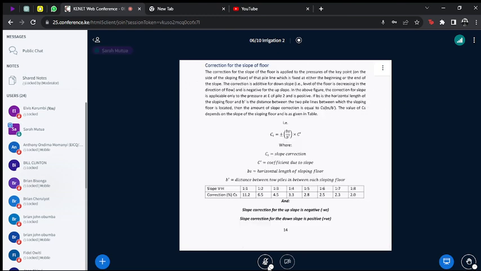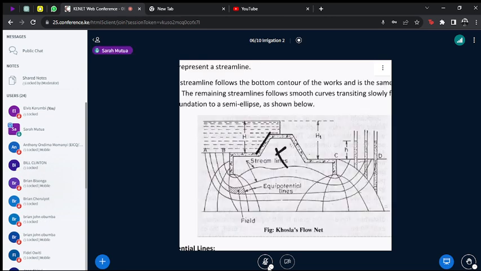So when you're correcting for the slope of flow, it is only applied on this particular part, on the side, and it is only applied on the side of the sloping floor. So you do not apply it on this other side.